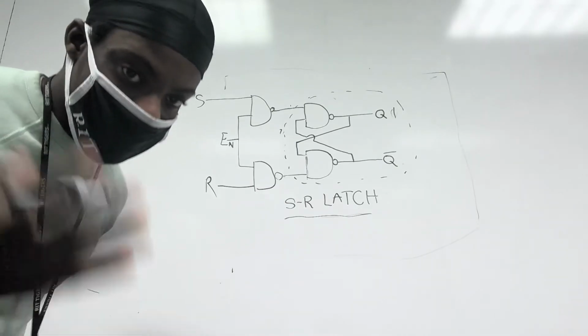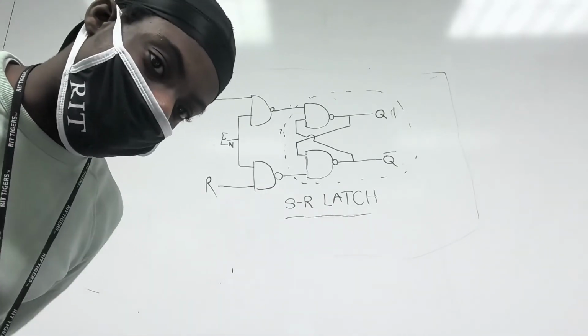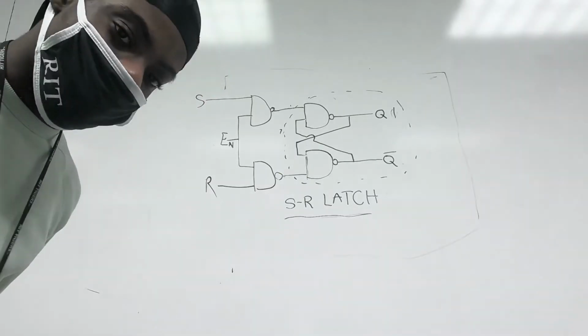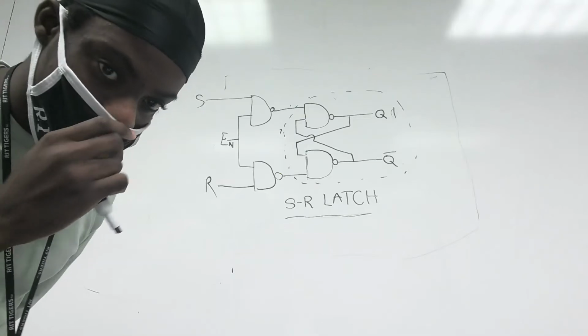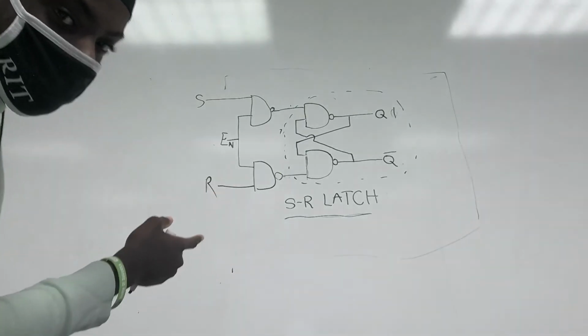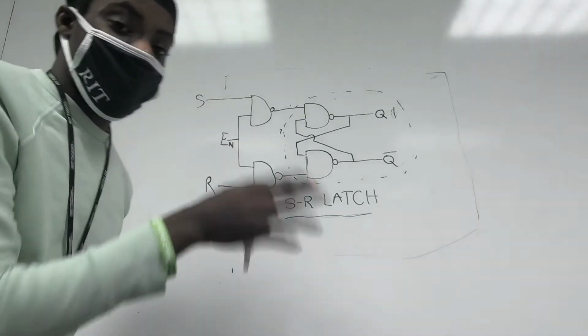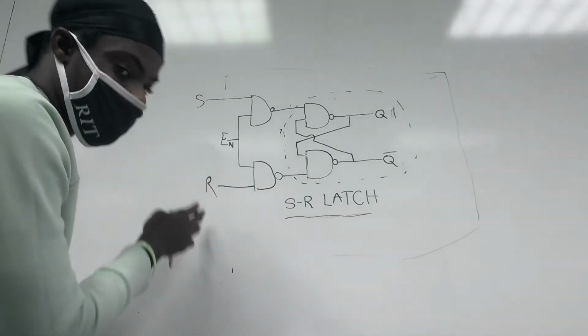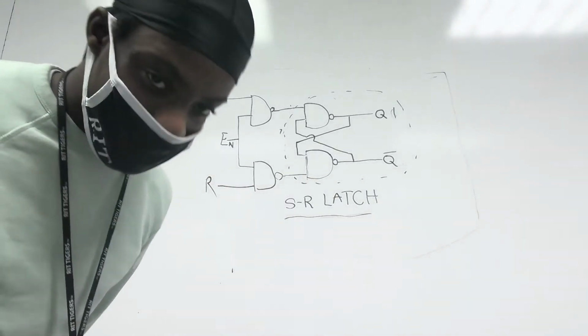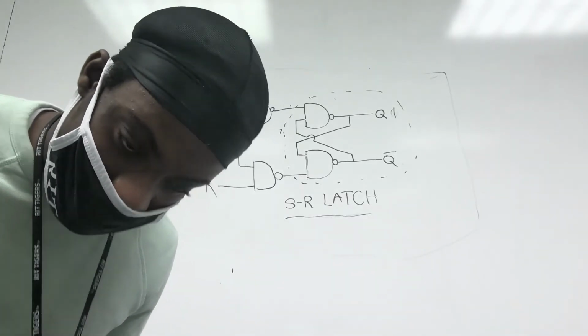Because we don't want S and R to be the same thing simultaneously. Well, actually, not the same thing. We don't want S and R to be zero simultaneously. Because with enable, as I said, it changes it from an active low to an active high circuit. So we don't want S and R to be one at the same time. Same principle applies.